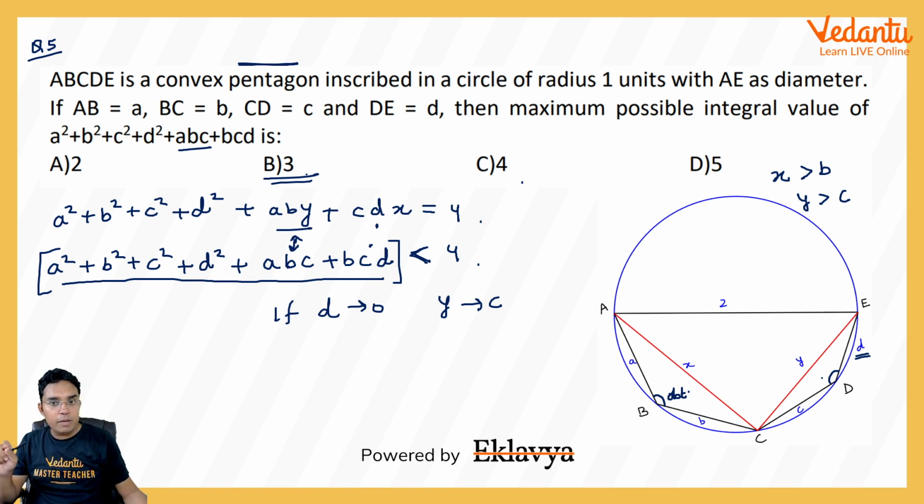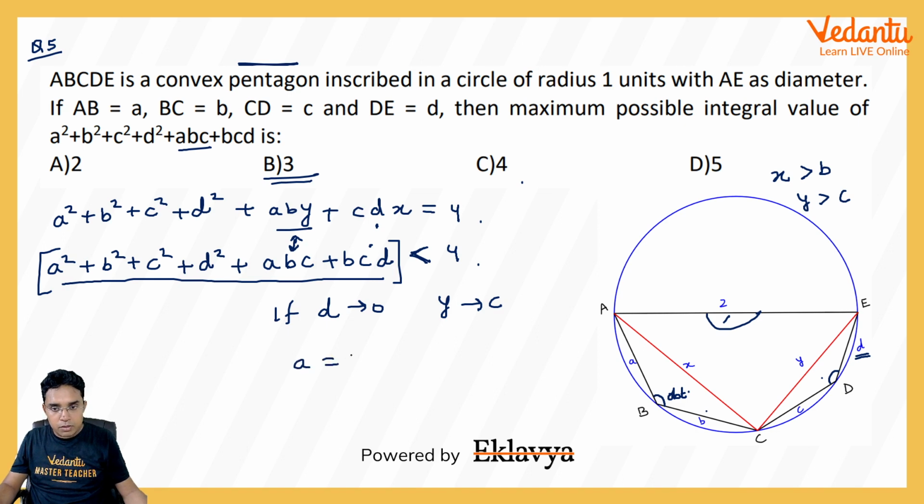Actually, we are supposed to find the maximum value, not the minimum value. So I cannot comment on when it will be minimum because I have only found the maximum value. So maybe when all a, b, c, d are equal, it may be minimum. So let me see. Actually, this complete angle is 180. So if 1, 2, 3 sides are forming equal angles, these angles will be 45, 45, 45.